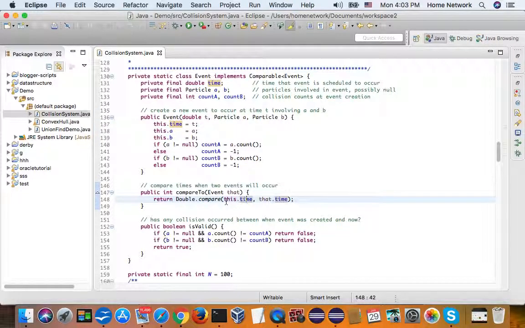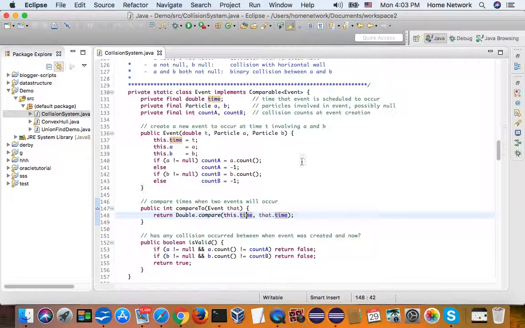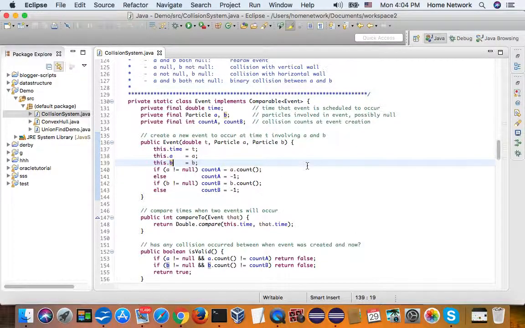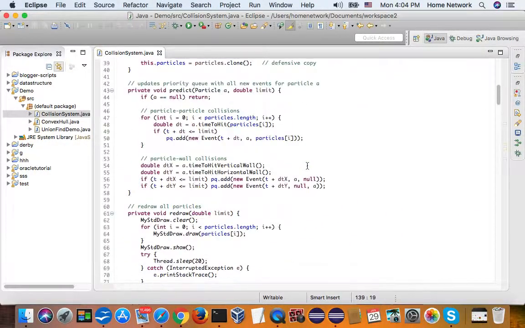The most urgent event gets more weight. So when one event happens, we will take action, either update the state of A and B, or draw a picture.